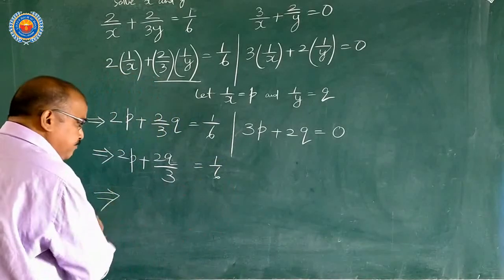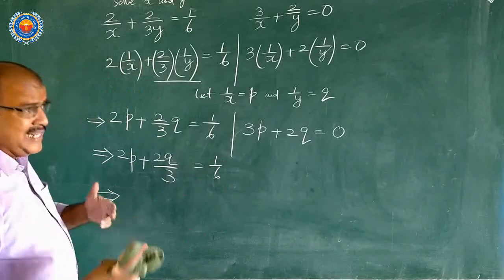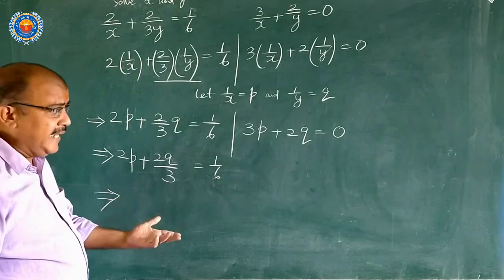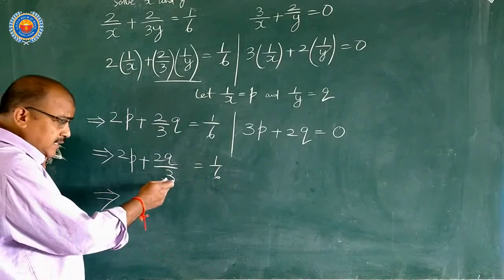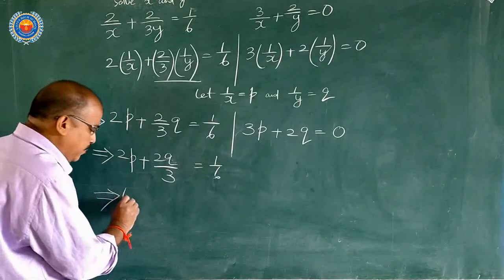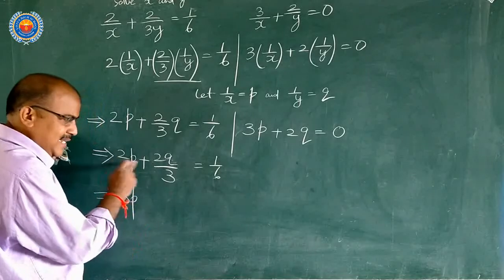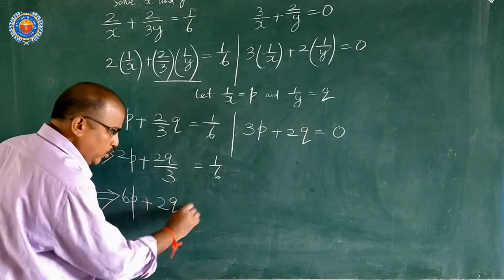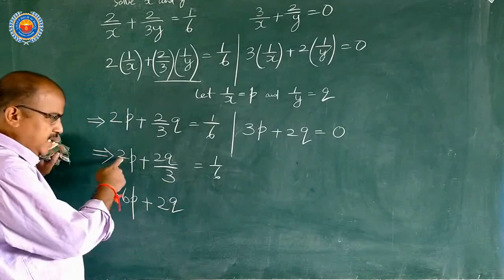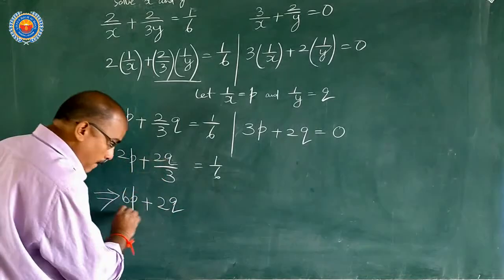That implies, taking the LCM, or by the shortcut method you know very well, 3 into 2p is 6p, plus 2q by 3.